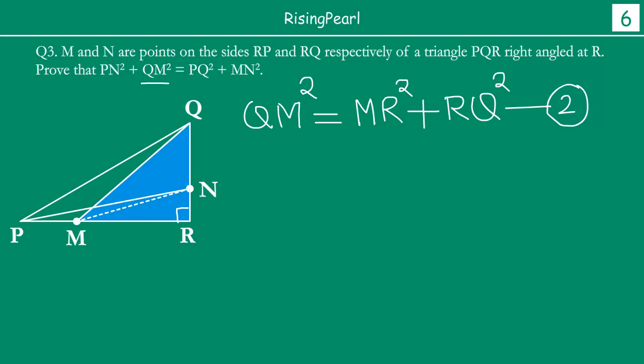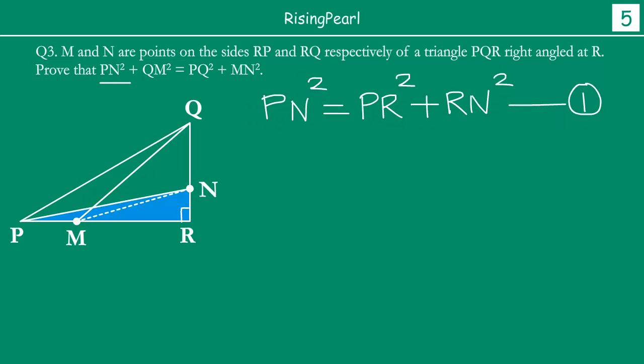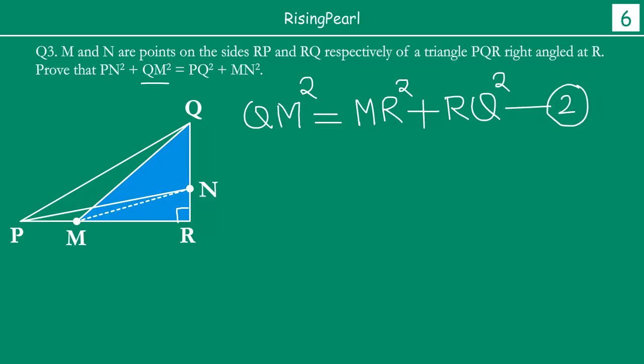So now friends, if you notice, we have PN square and MQ square, right? So then what we can say is, how about if we were to add equation 1 and equation 2? So let's quickly write. Equation 1 was PN square equal to PR square plus RN square, right? And this is our equation 2.